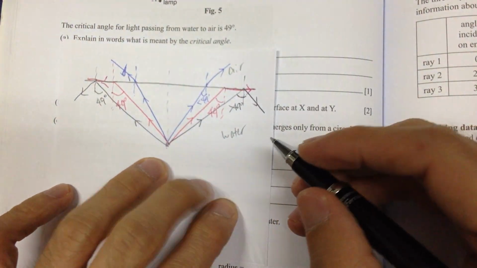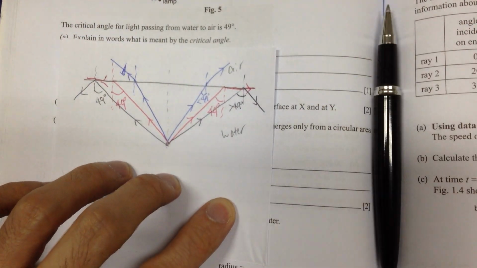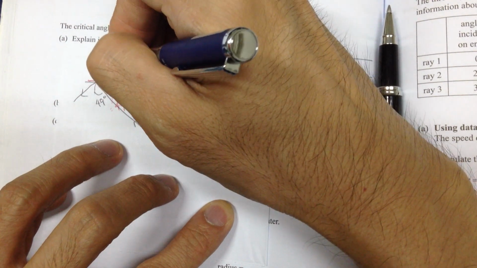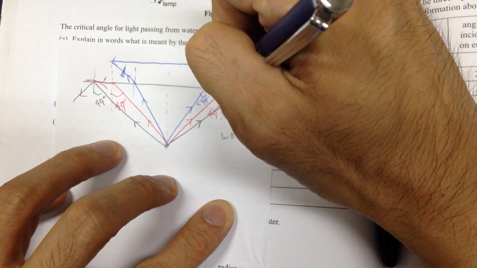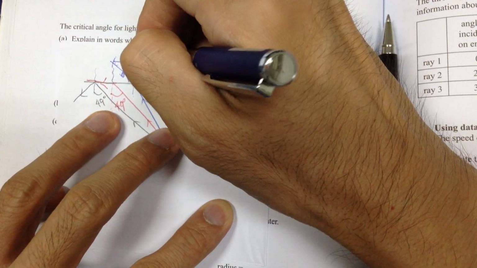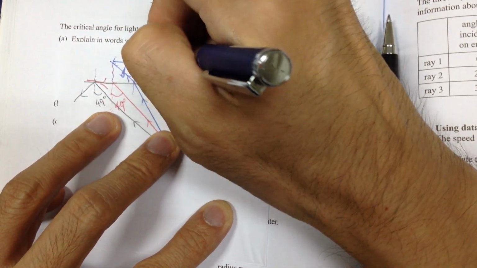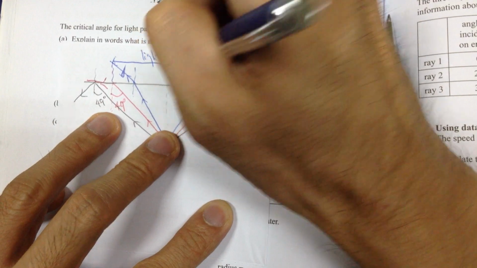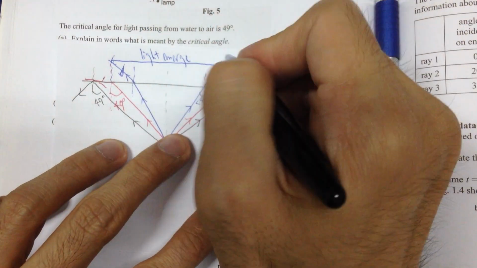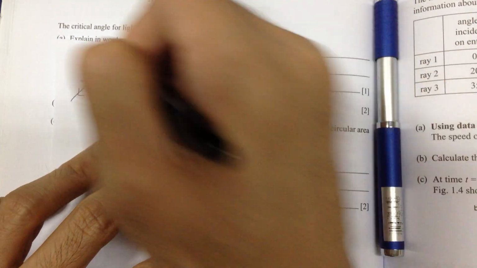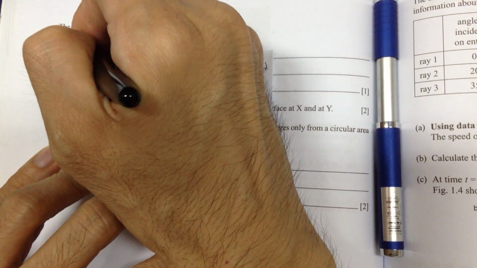So if you look at this case, you realize that from here all the way to this point, light will emerge. But for this region onwards, no light.